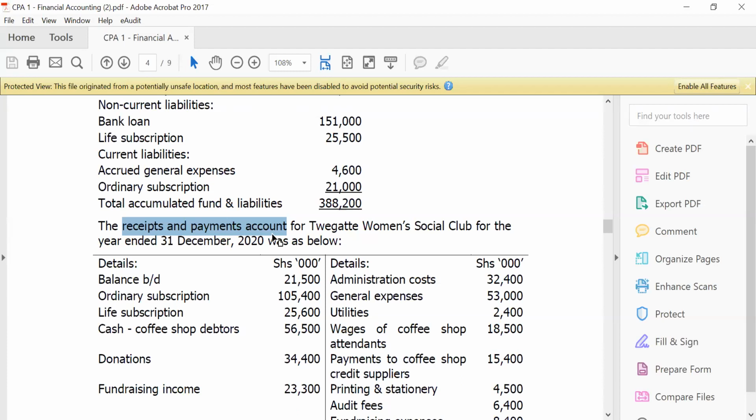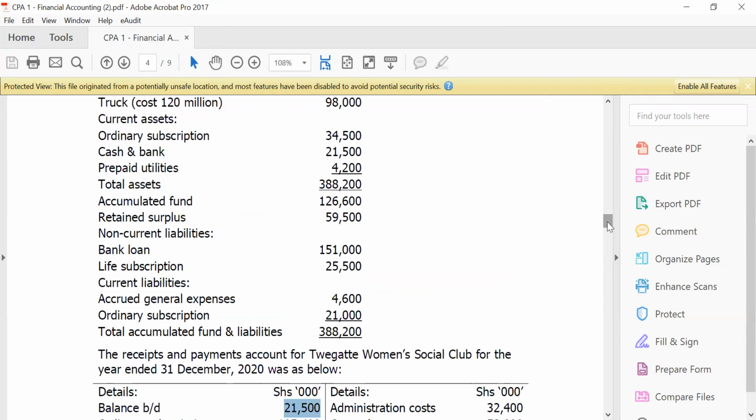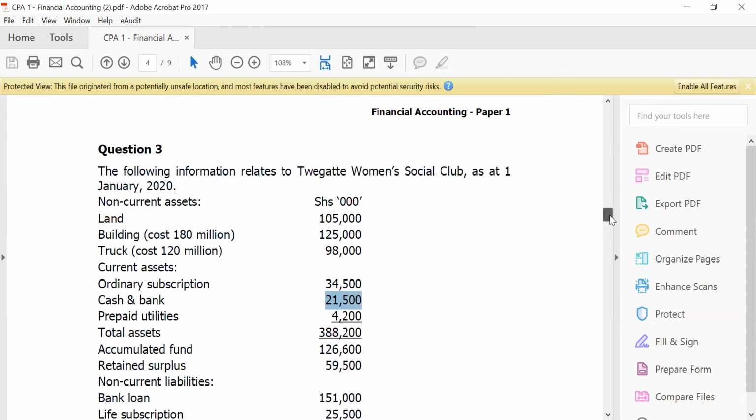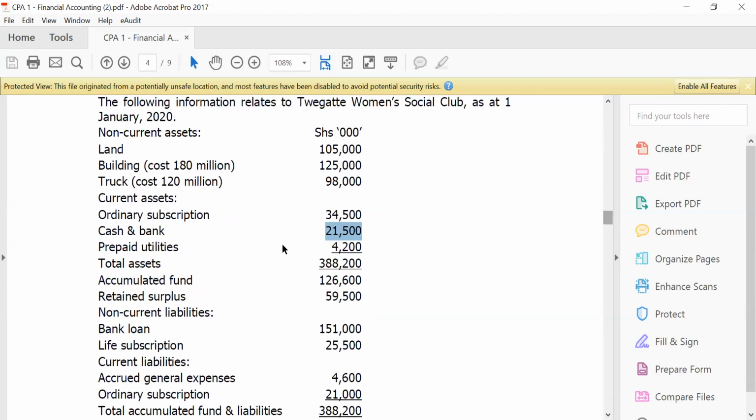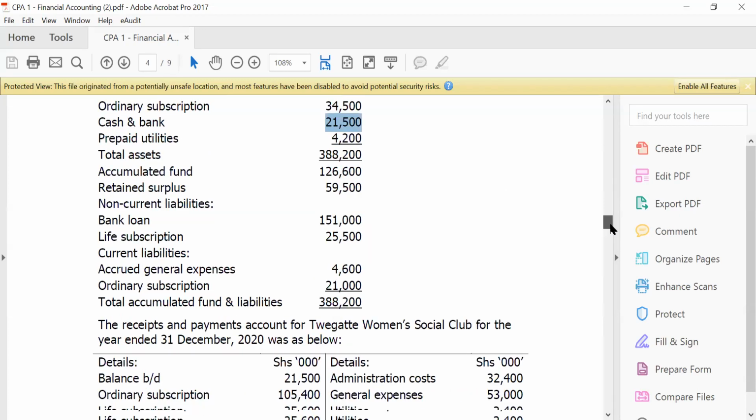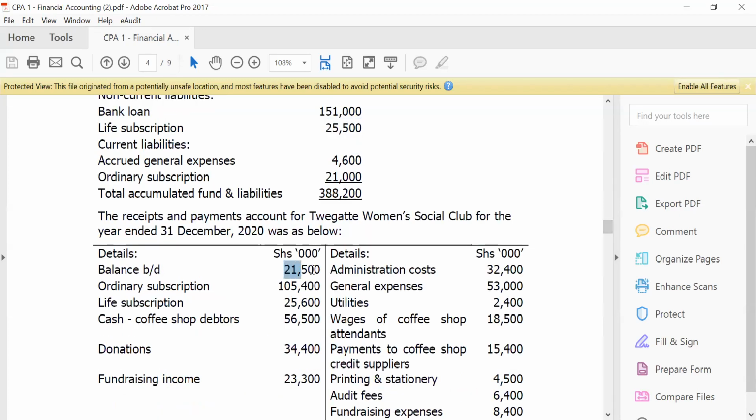Now, before I look at the balances brought down, if I look at the balances brought down, I want to reference back this 21,500 to where? To here. Do we see this cash and bank in our balance sheet as at the start of the year? This 21,500 happens to be the balance brought down that is used in the receipts and payments.